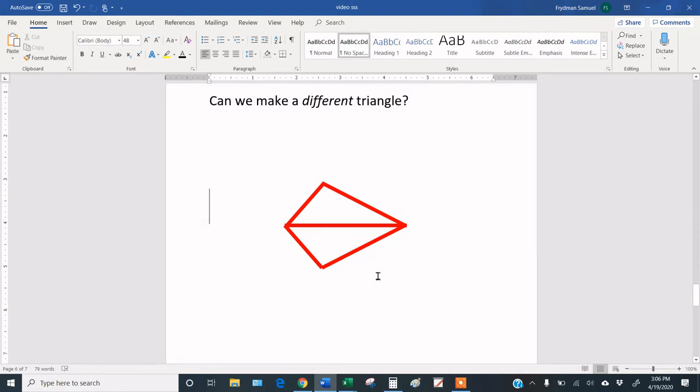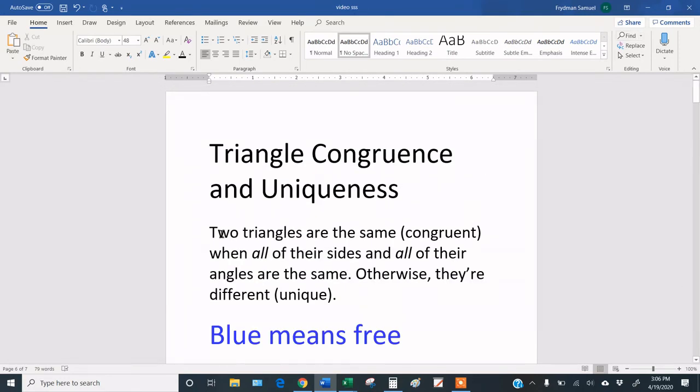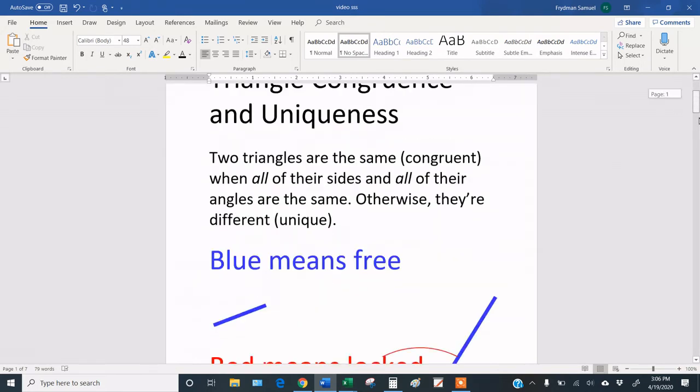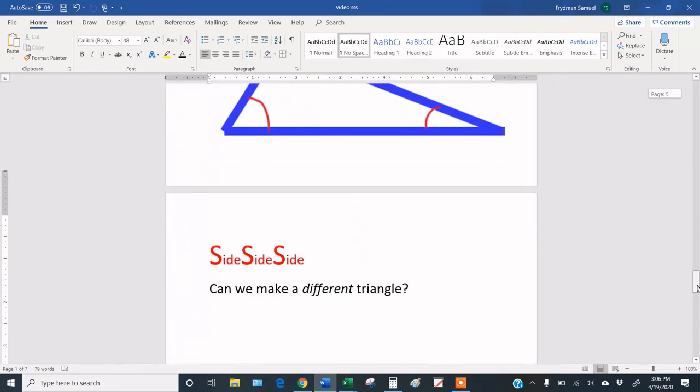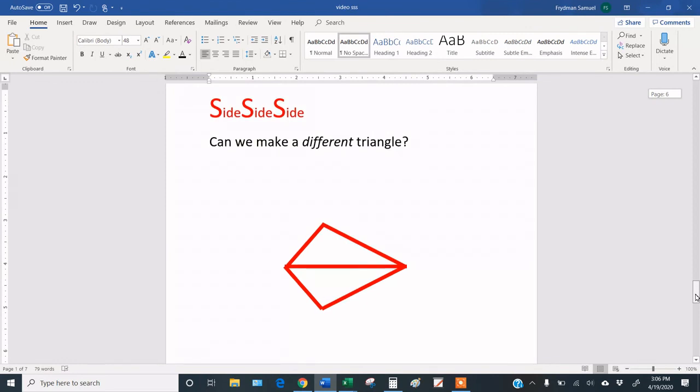They are not unique. They are not different. Let's go ahead and remind ourselves what we mean by congruent and unique and same and different. Remember, two triangles are the same or congruent when all of their sides and all of their angles are the same. Otherwise, they're different or unique. So going back to this example over here, are the sides and the angles the same? Well, yeah, they are.